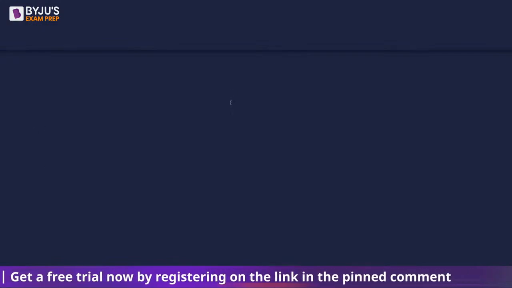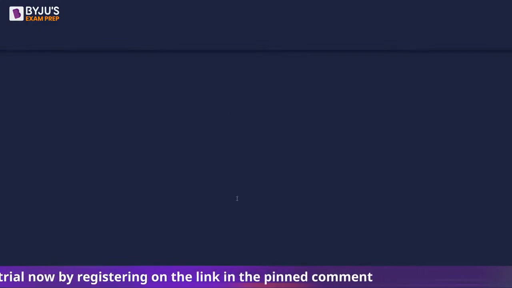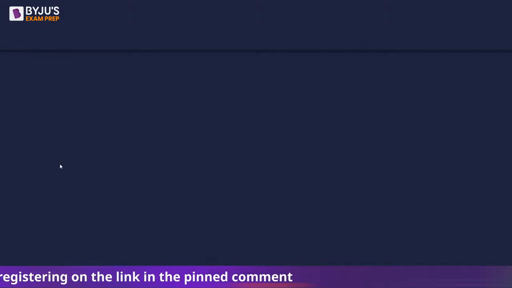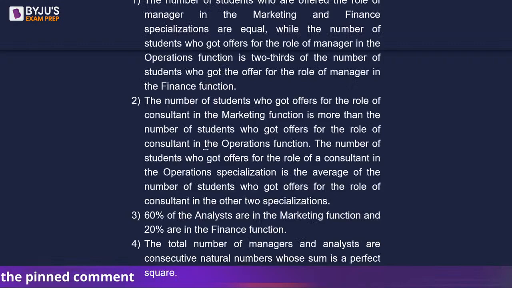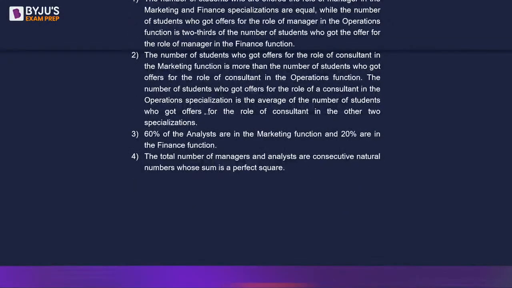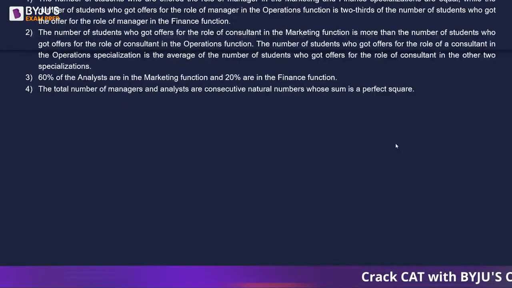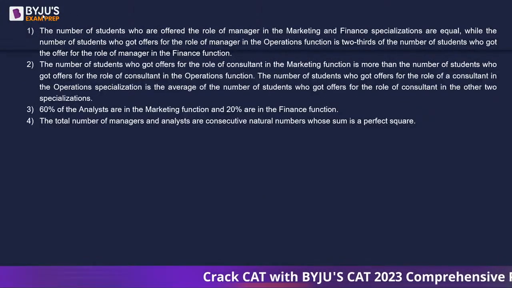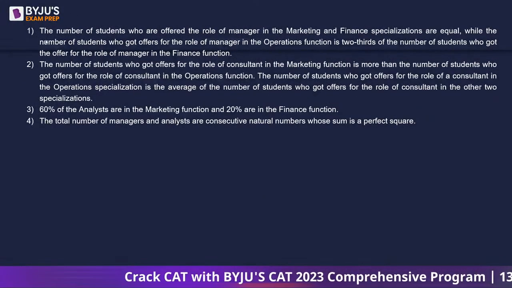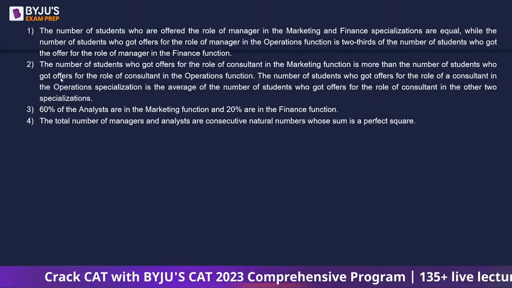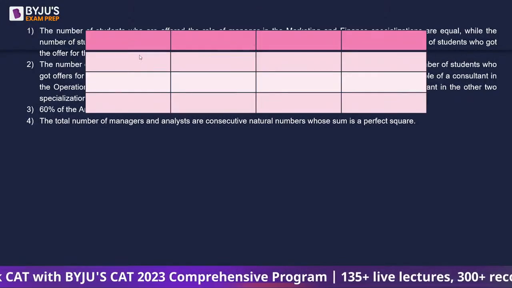Okay, but before that, I will quickly copy paste the information so that while solving we know what numbers we are dealing with, and then we need a table. So I will take a 4x4 table.